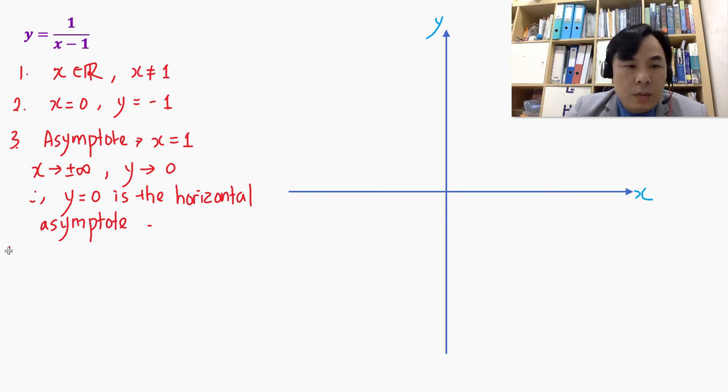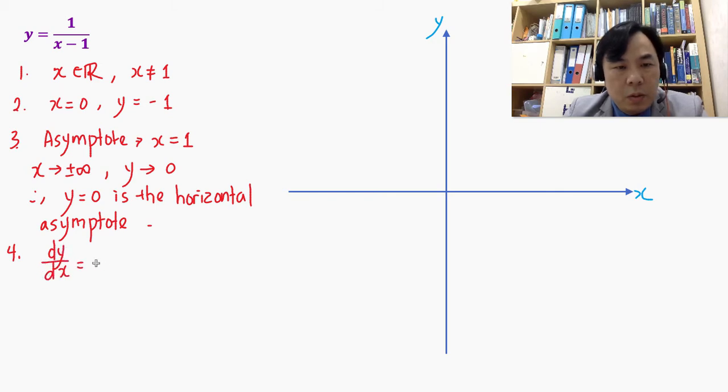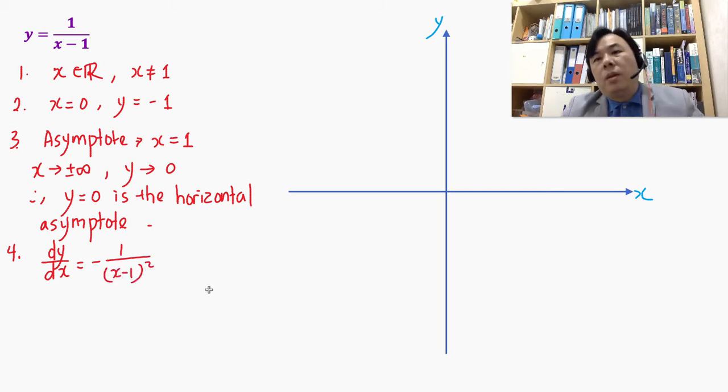And then, of course, we need to follow through the last guideline to determine any stationary points. So from here, our dy/dx would be basically -1 over (x minus 1) squared. Right. Now you'll notice that the gradient of this graph is very similar to the previous graph.